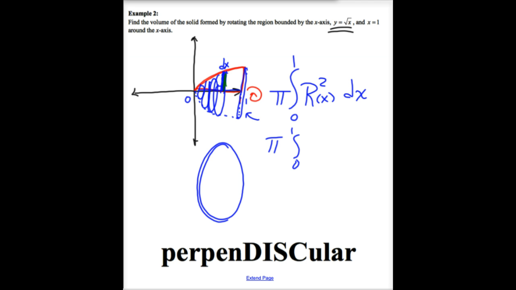Here's the radius represented here on my singular slice. That's my radius. In terms of the function, this point right here is the point x, square root x. So my radius as a function of x is nice. It's just up to the square root of x.